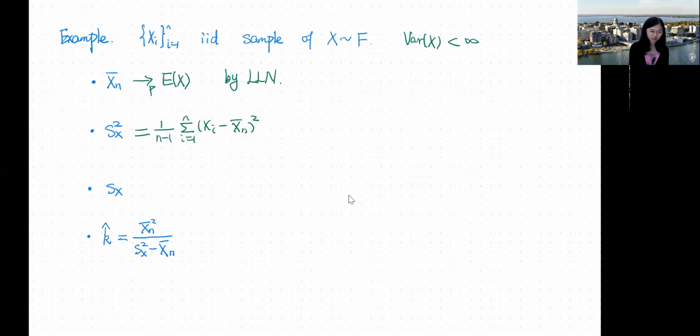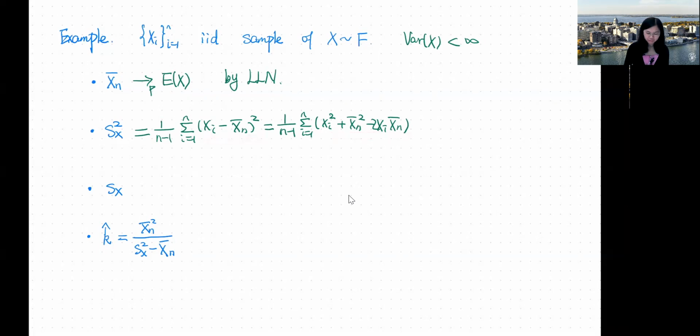You're going to have to work on this formula to obtain quantities that you can apply LLN on. So the way to do that is to write out the square.